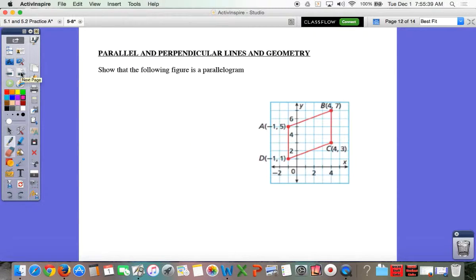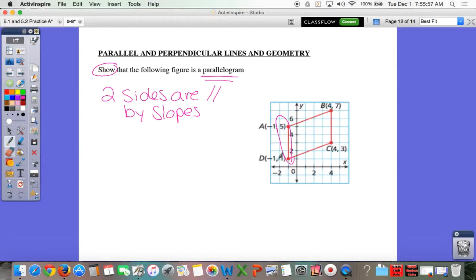The last thing you're going to do is use some geometry. It says show that it's a parallelogram. So you need to show two sides are parallel by the slopes. So let's look at the first side, AD. AD is a vertical line, so I'm just going to make a list that says slopes.